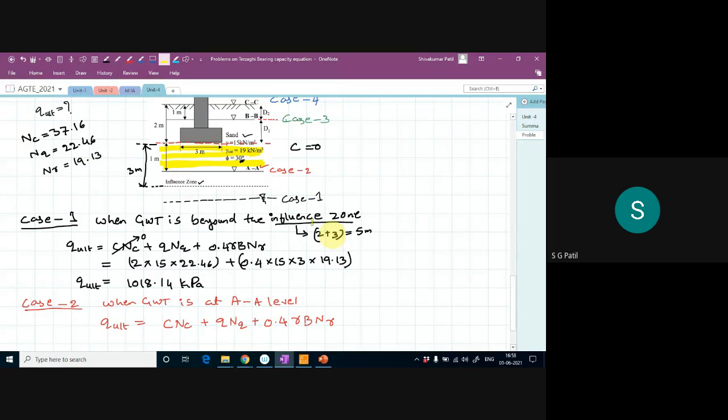Anyway, my first term will be 0 here, because I don't have any C value, cohesion is 0 here. What is the second term? This second term is not going to be affected by this water table. Q is nothing but the unit depth into unit weight.